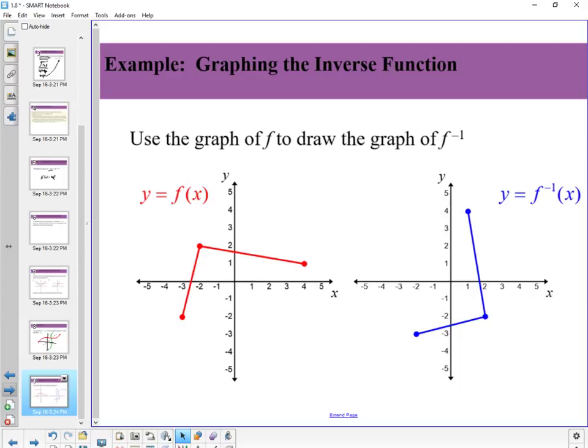Use the graph of f to draw its inverse. See the symmetry?